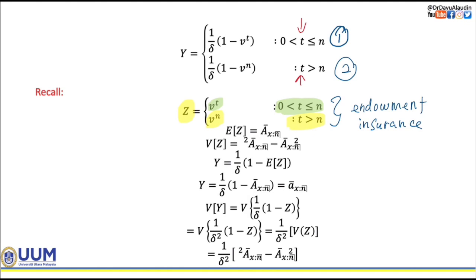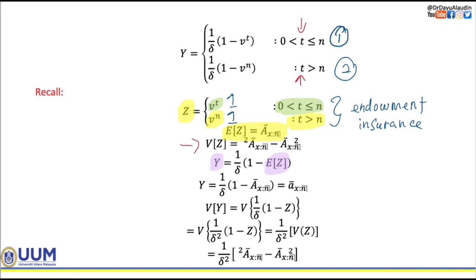We assume that the benefit is 1 ringgit. So this is endowment insurance. The expected value is A_x:n, which we already covered in the last chapter. So how do we find the variance? This is the value for the variance.